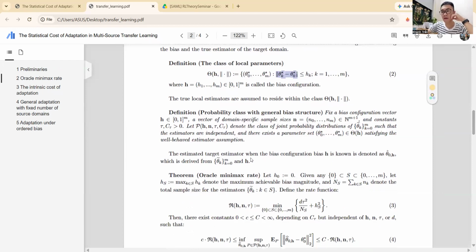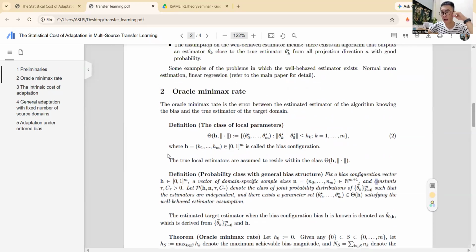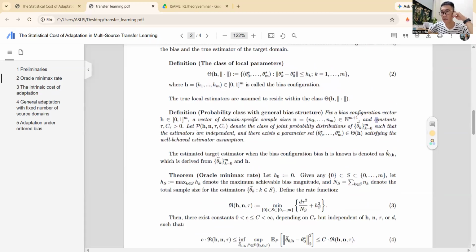Okay, so the next definition is a probability class with general bias structure. For each bias configuration H, the sample sizes of all domains n_0 to n_m, and the constants tau and c_tau in the well-behaved estimator definition, we have a probability class P, the class of joint distributions on the estimators.